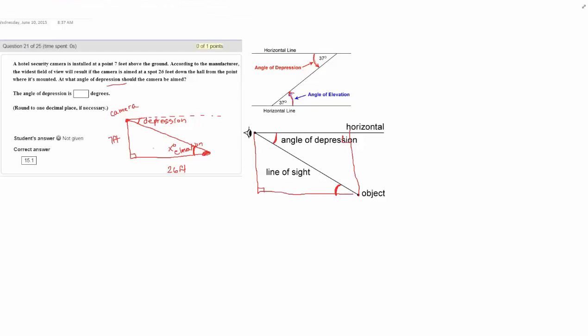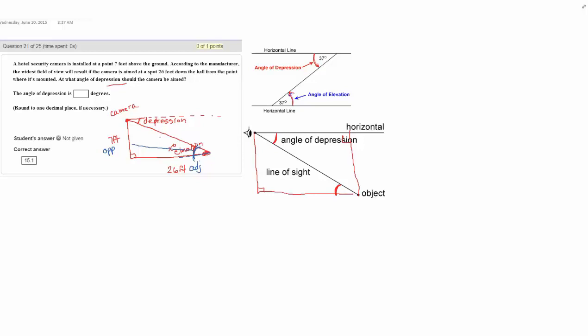So if you now have this x degrees down here where the angle of elevation is, if you look at the side that's labeled 7 feet, that side is now opposite of the angle. And then the other side that we have labeled is the 26 feet, and that side is adjacent to the angle. The third side in the triangle is the hypotenuse, and that is not labeled at all, and it's not used in this ratio.